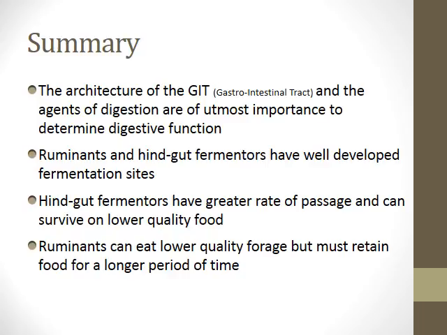Third, hindgut fermenters have greater rate of passage and can survive on lower quality food. So hindgut fermenters pass food and they don't retain it as long as ruminants do. And lastly, ruminants can eat lower quality forage but must retain the food for a longer period of time. That way, the microorganisms in their stomach can churn and really digest and break down those carbohydrate structures so the animal can ultimately use it for energy.